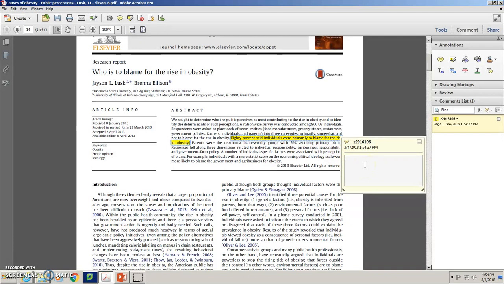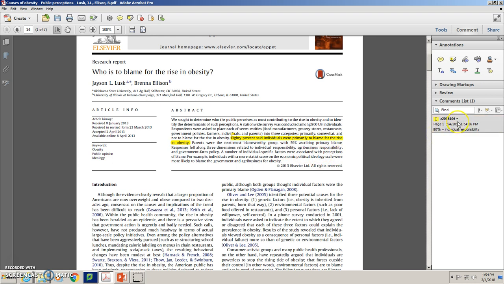So I can write... And that's saved there, so when I put my mouse over the highlight, it shows me my note. And that'll help me remember the most important information in there.